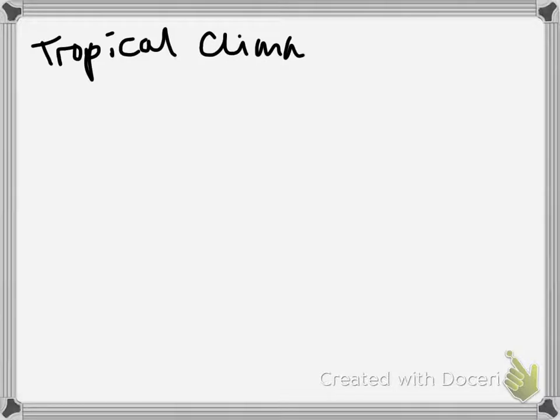Okay, we also talked about climates, and climates are just the average weather in a given location. And we compared different climates have different types of soil. So we said like in a tropical climate, you're going to have really good soil because you have lots of plants, right?